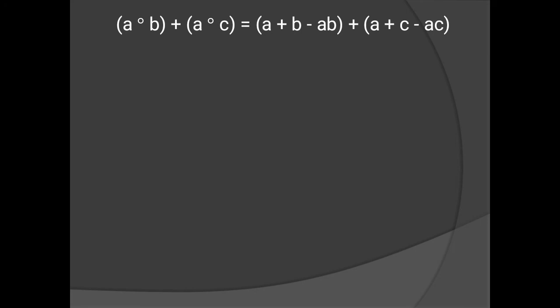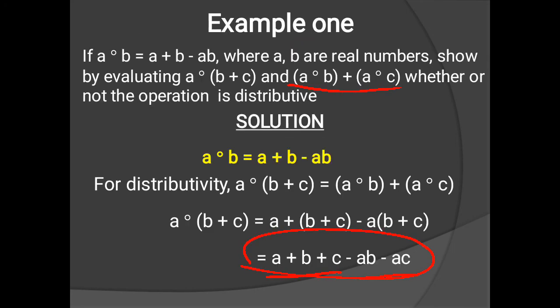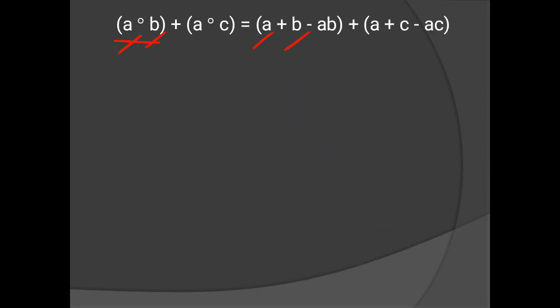So in the first parenthesis, it is the first one plus second one, minus first one times second one. Let me check the rule again. Okay, it's minus A times B. So first one, which is A, plus second one, which is B, minus first one times second one, A times B. So this is for the first parenthesis.